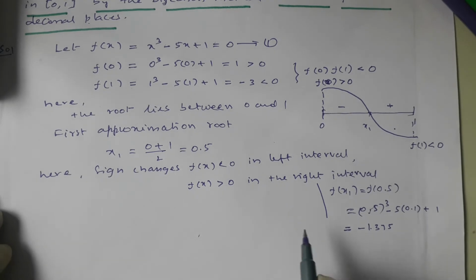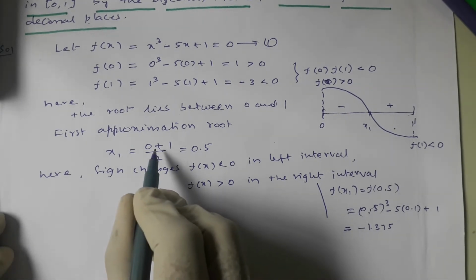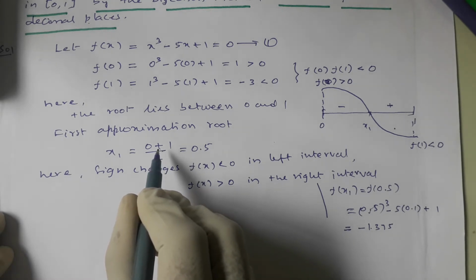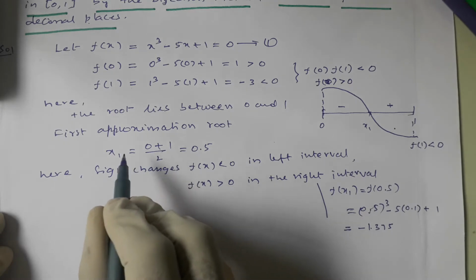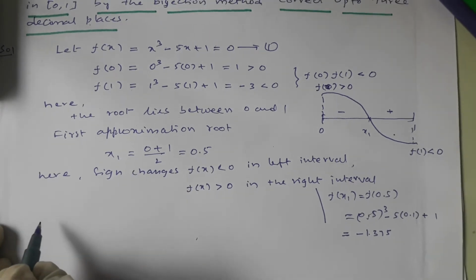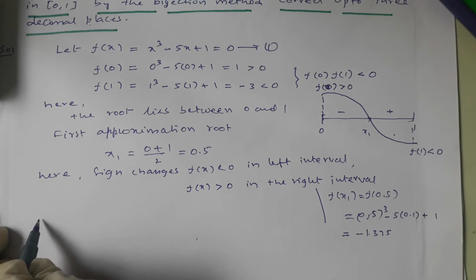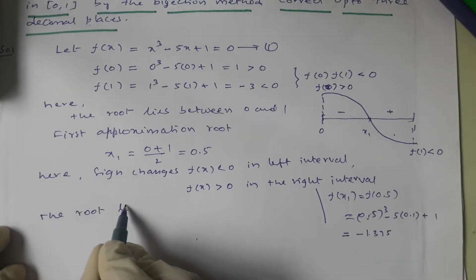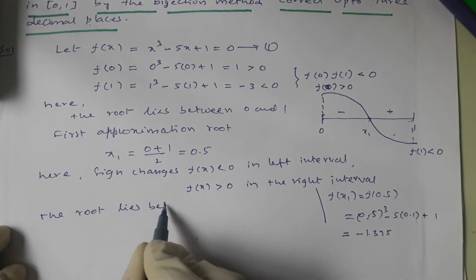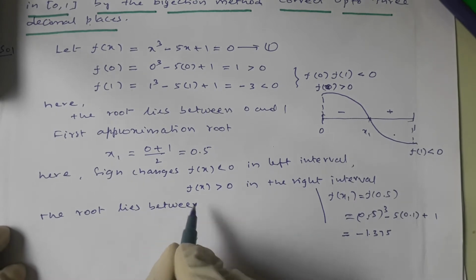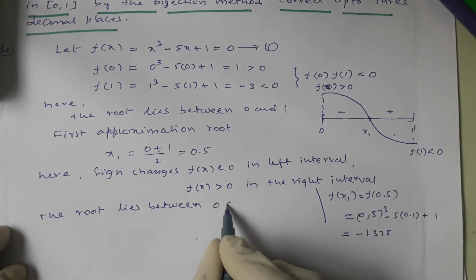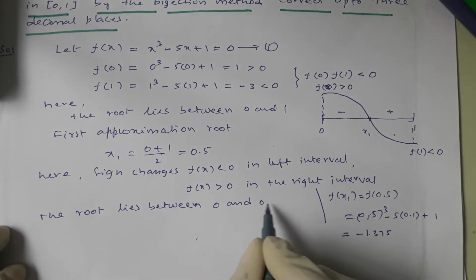As it is less than 0, whenever 0.5 is the mid value and f of x1 is less than 0, automatically the root lies to the left side of that value. So the root lies between 0 and 0.5.